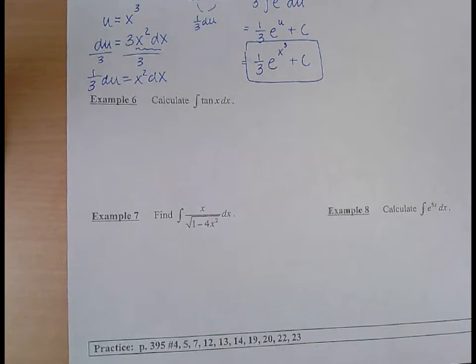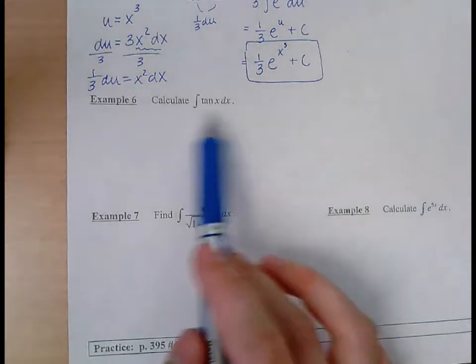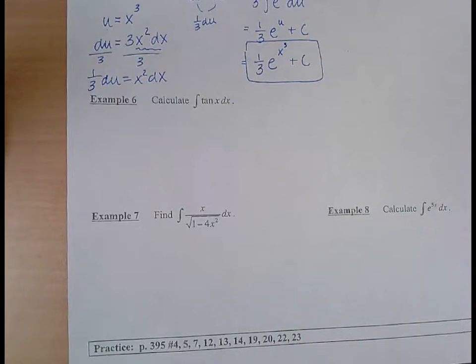Cotangent squared, yeah. So right now, as this is, I can't say u is tangent of x, because then du would have to be secant squared. I don't have a secant squared.